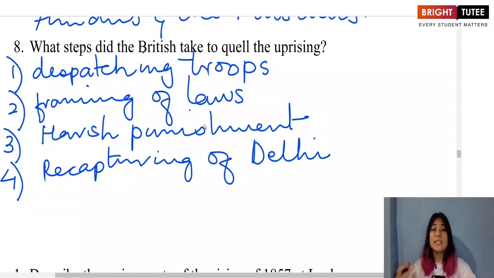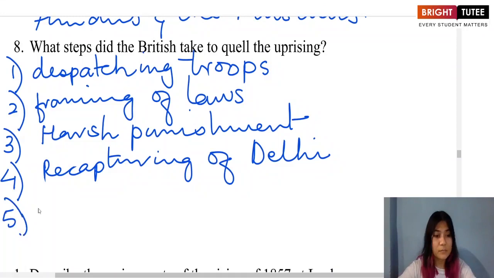So Delhi was a seat of power. It was the place where the Mughal emperor resided. So when the mutineers sieged Delhi, even if it was a short-lived siege, it impacted the hold of the British government in India. So the recapture of Delhi itself signified that the rebels were crushed.